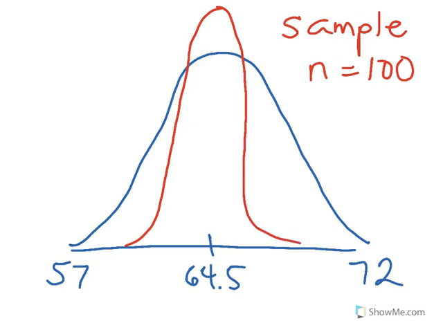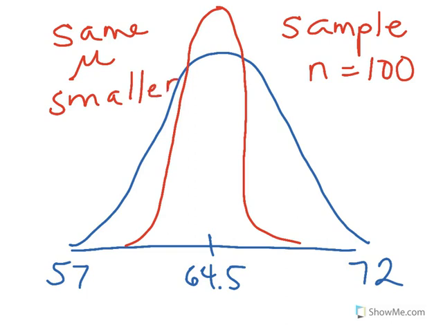So it had the same value for the average, same mu, but it had a smaller value for sigma. And that wasn't unique for the particular type of data that we were working with or the particular size sample that we saw, although we did say as n increases, we would expect that the variability of the sampling distribution was going to get smaller and smaller. And in fact, that's what we built, something called a sampling distribution.